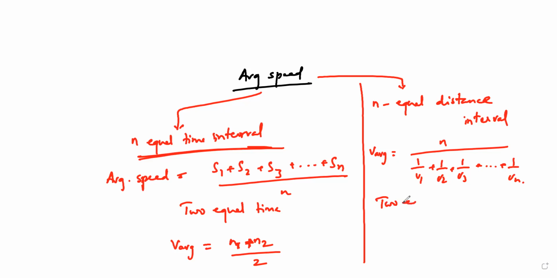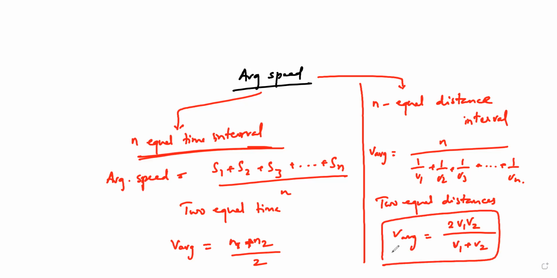So if they say two equal distances, then the average speed would be 2 v1 v2 by (v1 plus v2). 1 by v1 plus 1 by v2, you are simplifying and you are getting 2 v1 v2 by v1 plus v2. Over here, if you want, you can make a change: write it as (v1 plus v2) by 2.